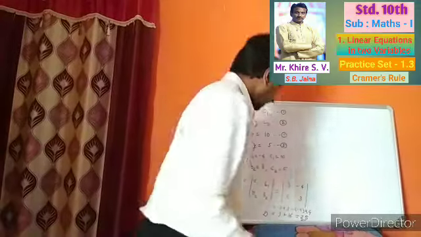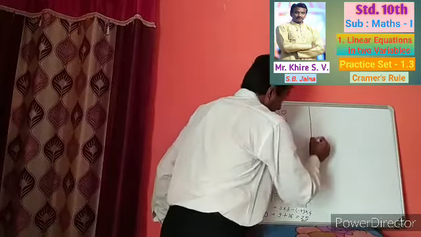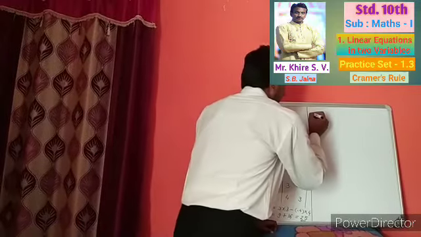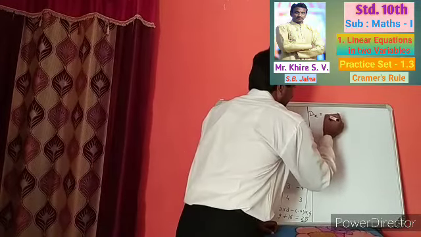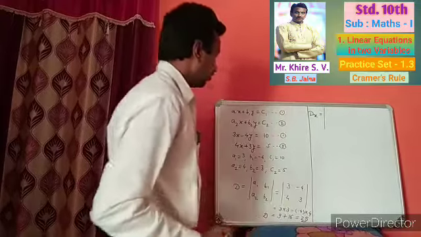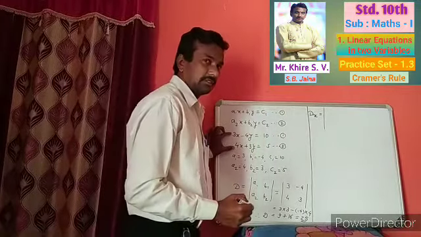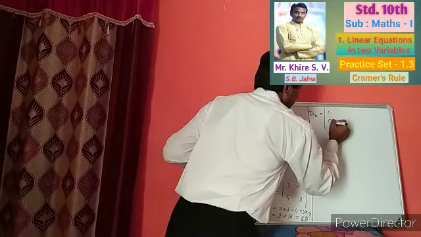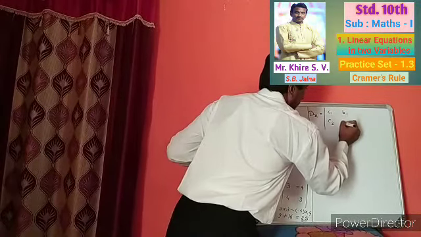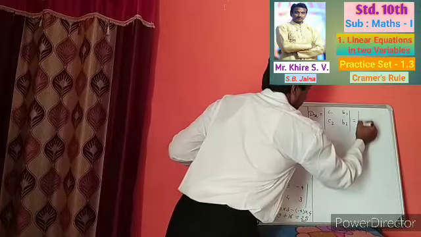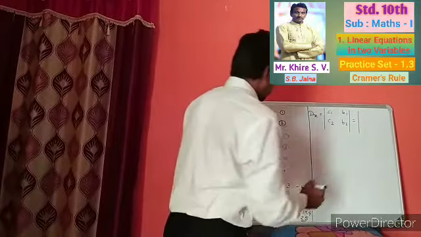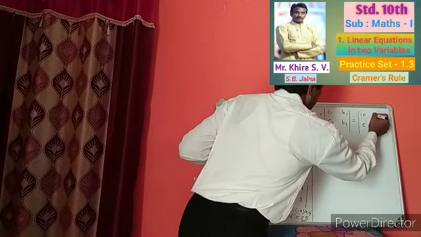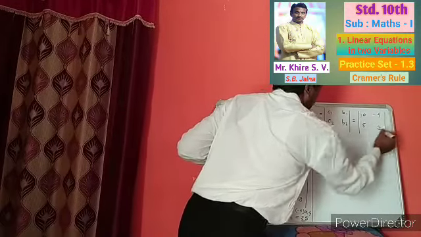Now we can find the values of dx and dy. In dx, the coefficients of x are replaced by c1 and c2, with b1 and b2 as they are. That is, the values of c1 and c2 are 10 and minus 5, and b1 and b2 are minus 4 and 3.